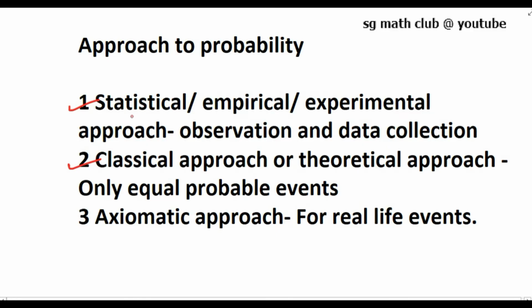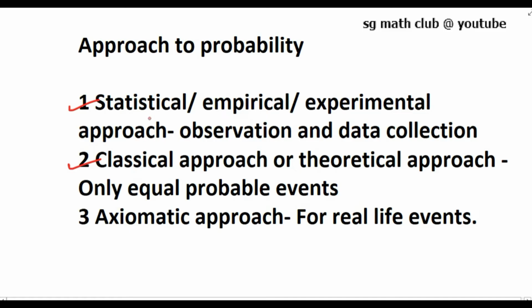In class 9, you have already studied the statistical or empirical or experimental approach to probability. In class 10, you are going to study the classical or theoretical approach. And in class 11, you will study the axiomatic approach to probability.